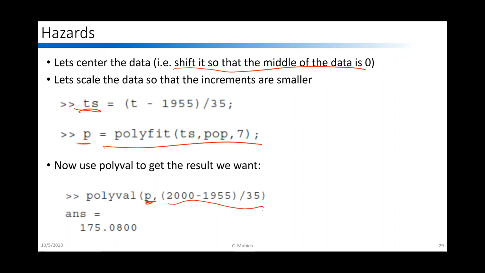We still have to remember that when we use this, we have to do the associated shift and the associated scaling. If I do this with 2000, I get 175, which is close to the true value.